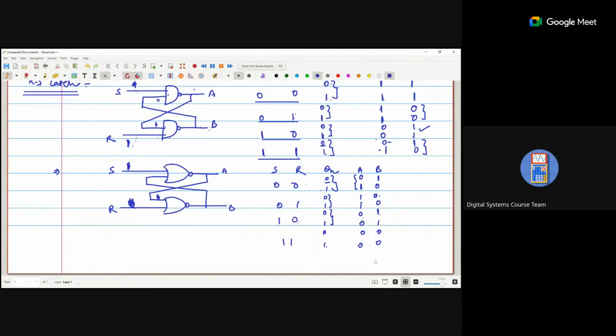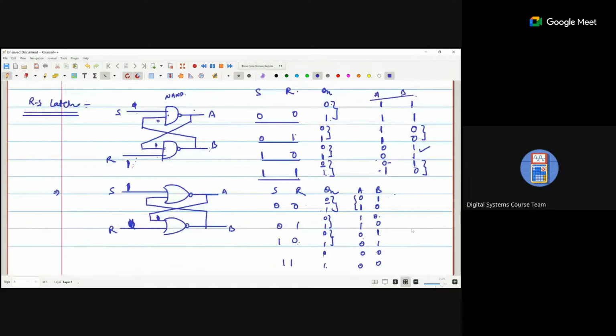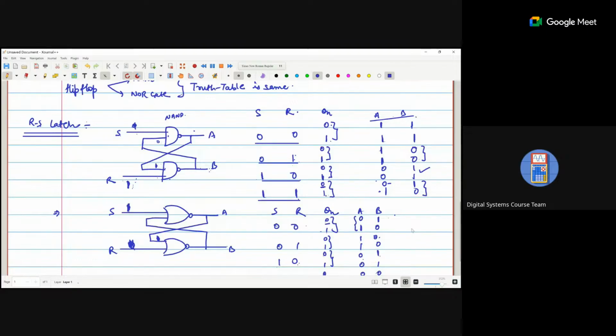Now, what we do here is we have to equalize these two tables. So that means either we can implement with the NAND gate or with the NOR gate. In both cases, the truth table is the same.